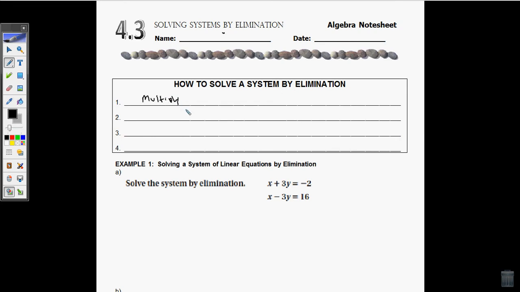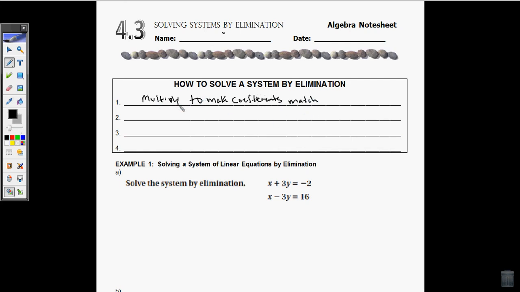And what we want to do is multiply either one equation or both equations to try and make coefficients of like variables match. And again, my awesome handwriting. So multiply to make coefficients match.